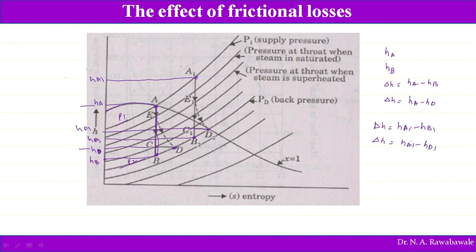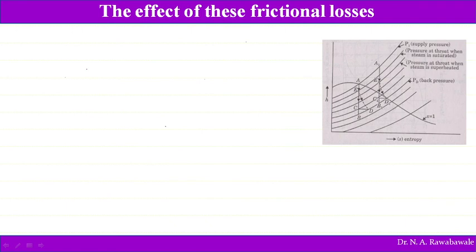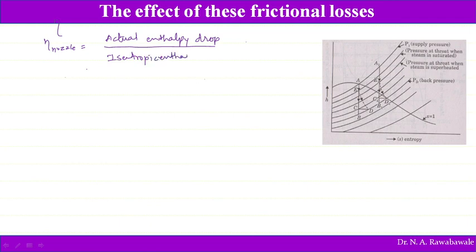Now the nozzle efficiency is defined as: nozzle efficiency is equal to actual enthalpy drop divided by isentropic enthalpy drop.